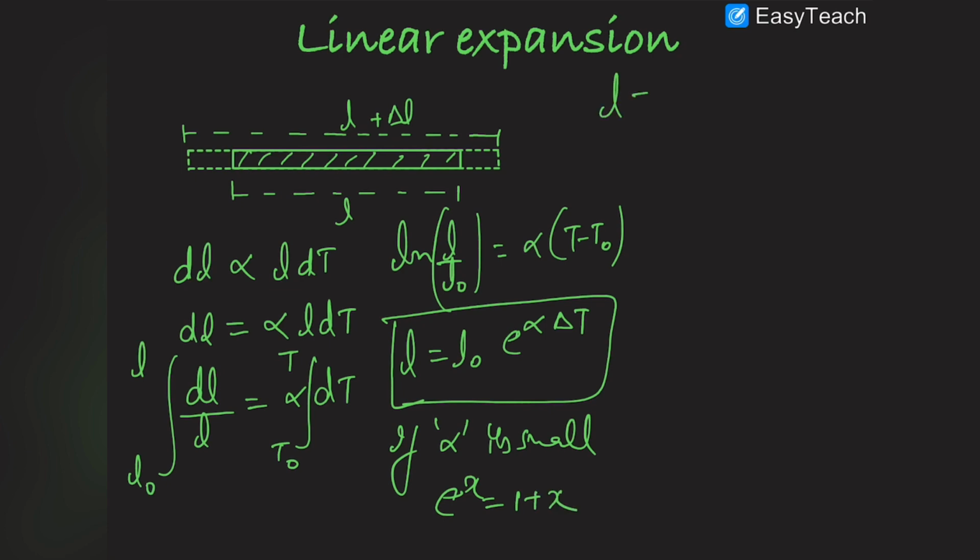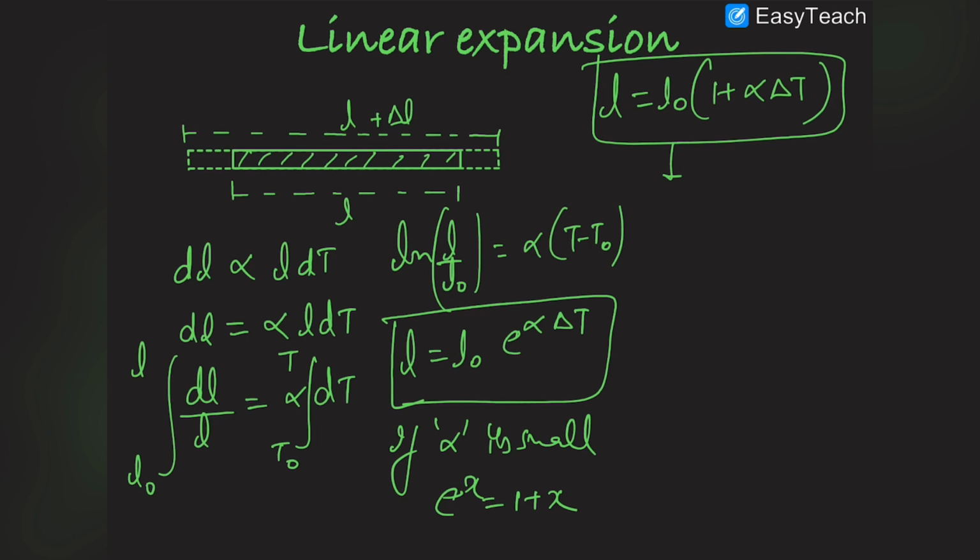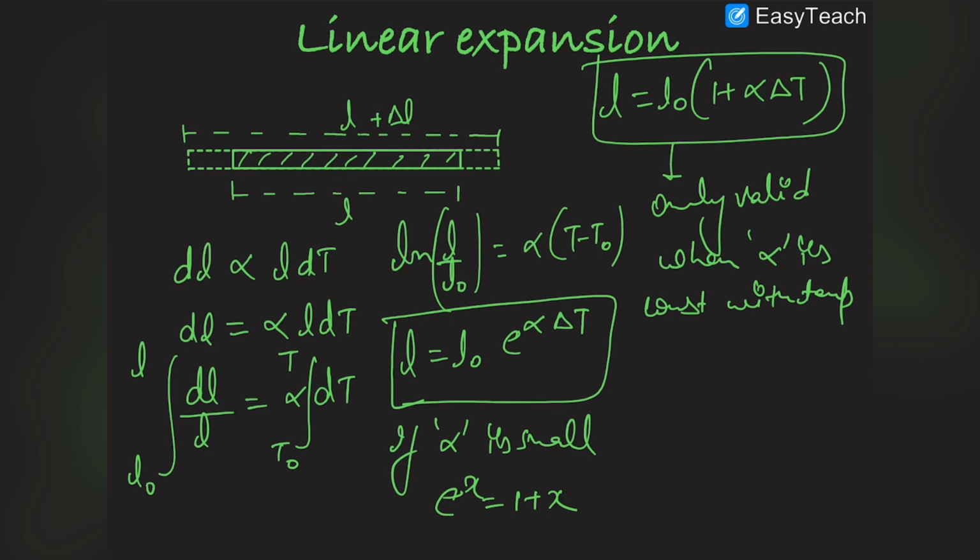So L is equal to L naught into 1 plus alpha delta T. Let me remind you that this formula is only valid when alpha is constant with temperature, because we have assumed alpha as constant in this integration, and alpha is very small because we have neglected the higher terms of this expansion.